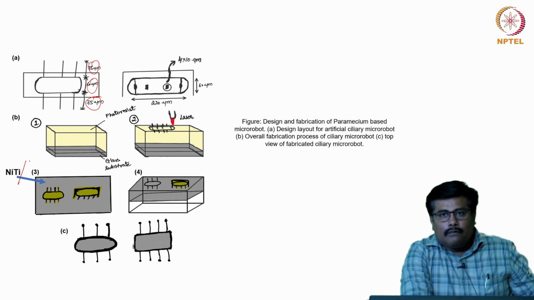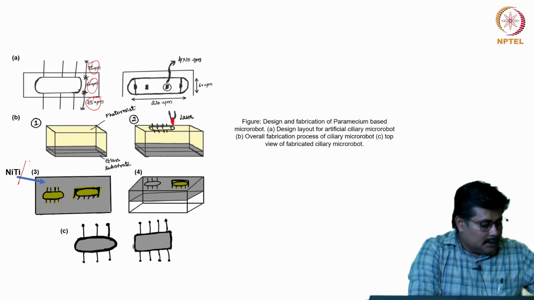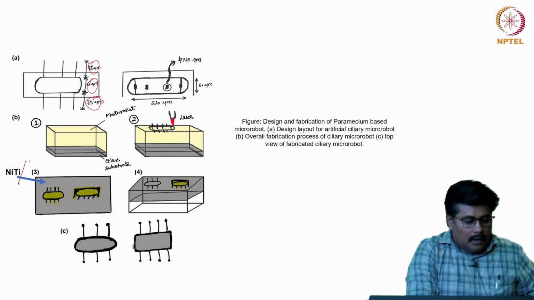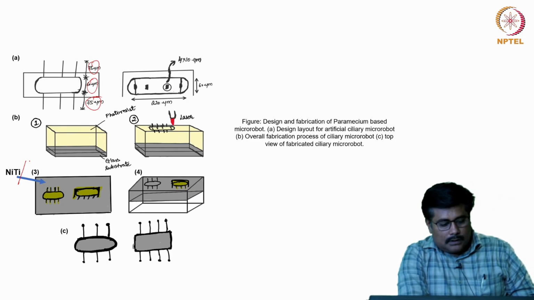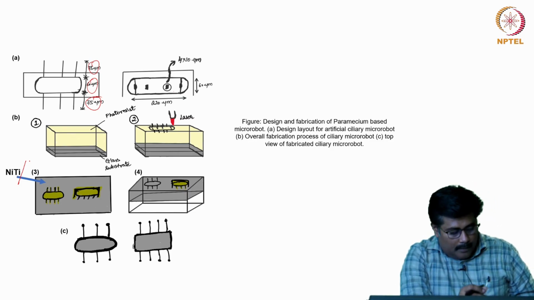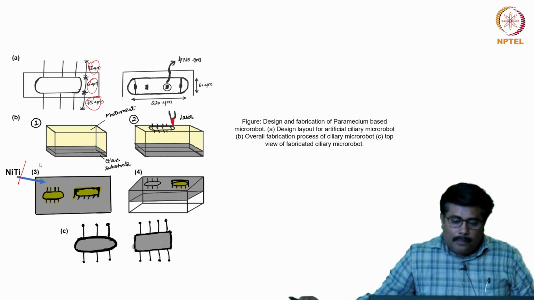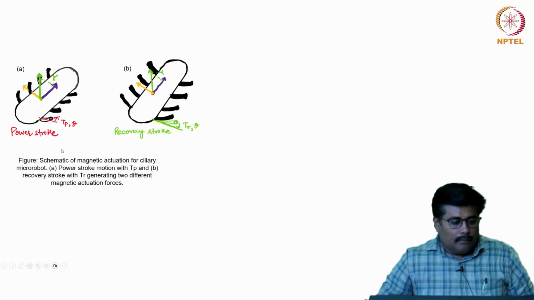Here we can see shape memory alloy structures, which contribute appropriately to the structure. These shape memory alloy structures have lead-like behavior, which gets actuated and can be used for the movement of the structure.